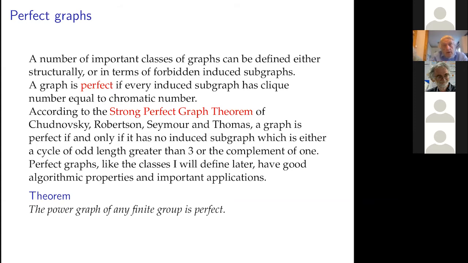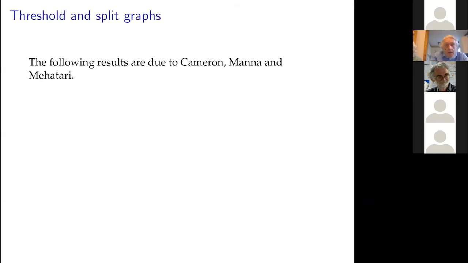And the power graph is the comparability graph of that partial preorder. It's not too hard to show that the comparability graph of any partial preorder is perfect, and therefore the power graph of any finite group is perfect. So they're all perfect. So we're within this class of perfect graphs when we look at the power graphs.